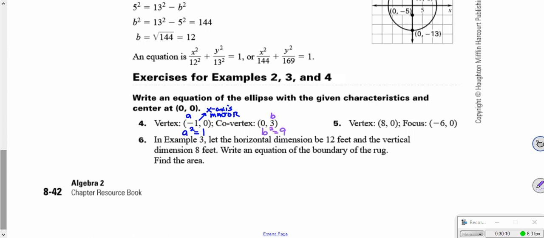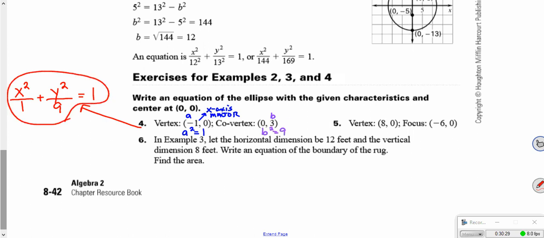So if I'm going to write my equation then, okay, this equation is going to be x squared over 1 plus y squared over 9 equals 1. That's my answer. Okay, now you don't necessarily have to write the 1 under the x, but oh, and you know what?